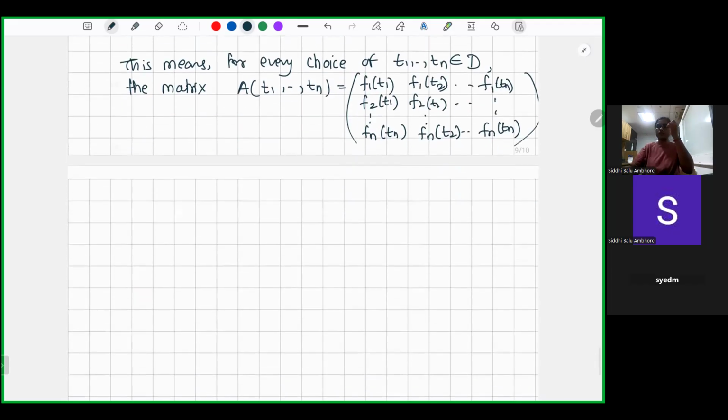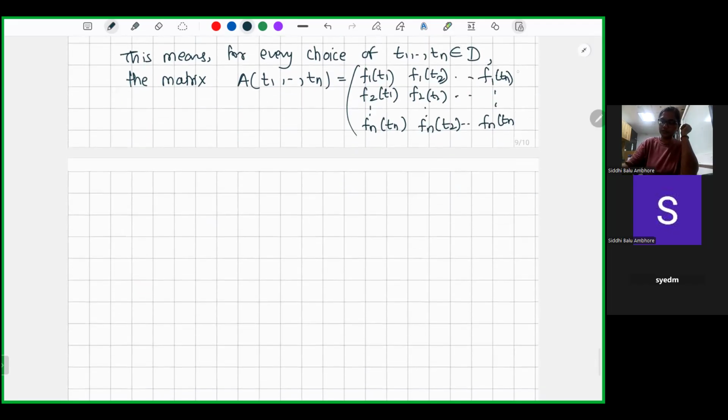This matrix A has linearly dependent columns.